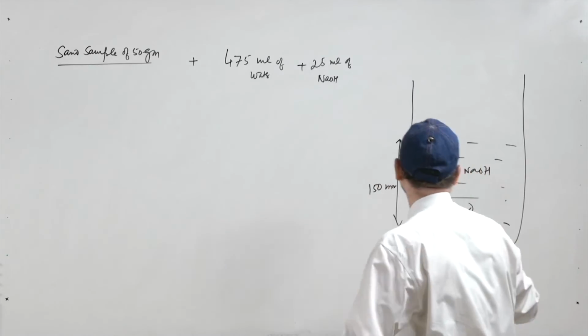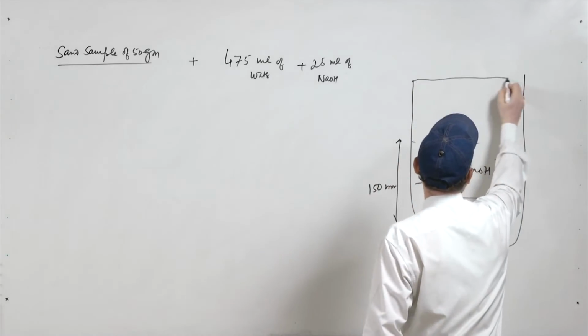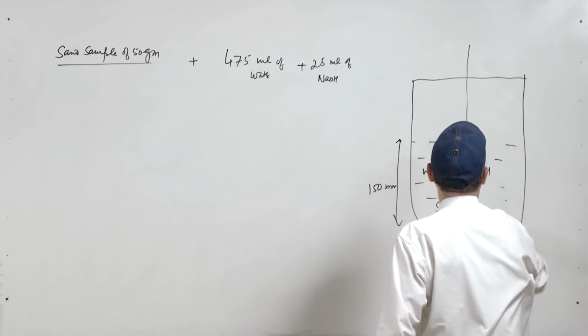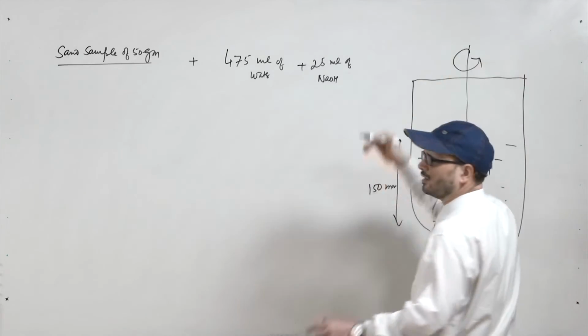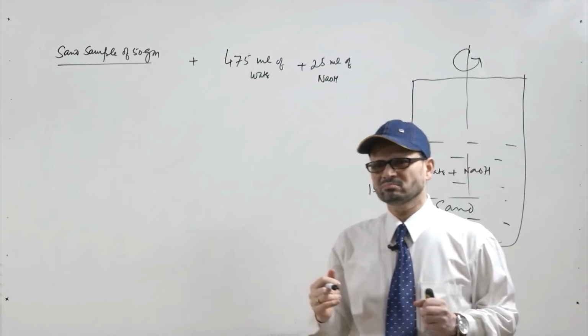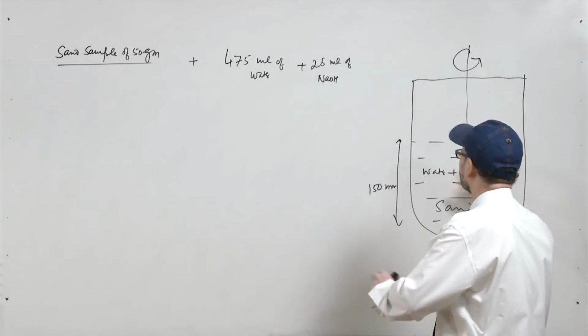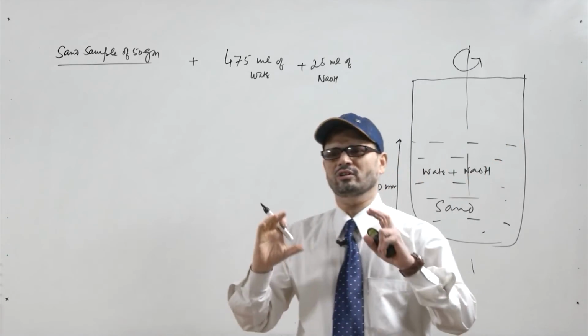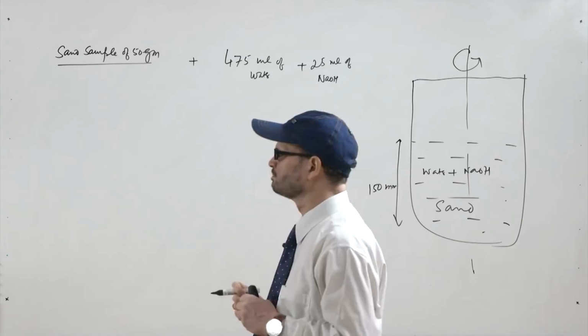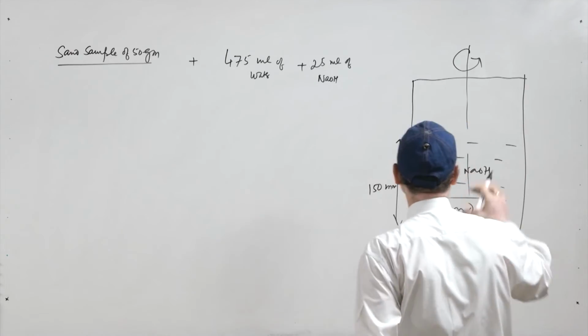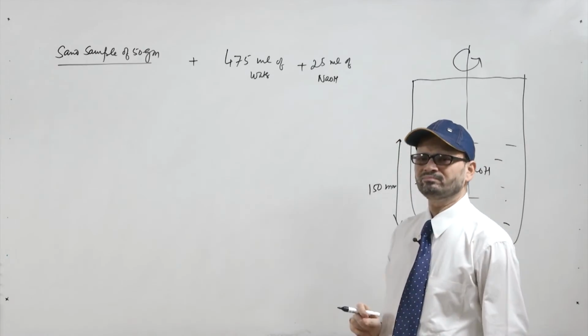Then, after closing the jar, you are rotating it vigorously, you are shaking it. So, what happens, all the clay particles are dissolved in it for, suppose, 15 or 20 minutes. Then you are allowing it to settle for 10 minutes.